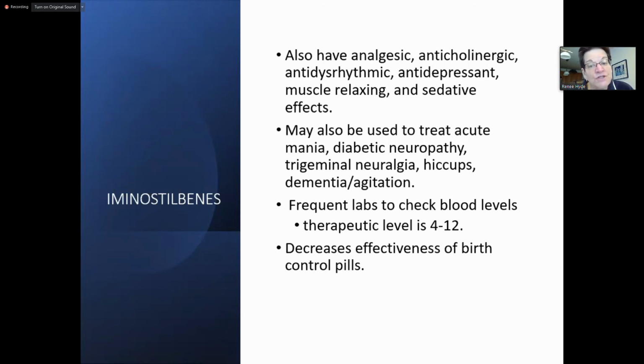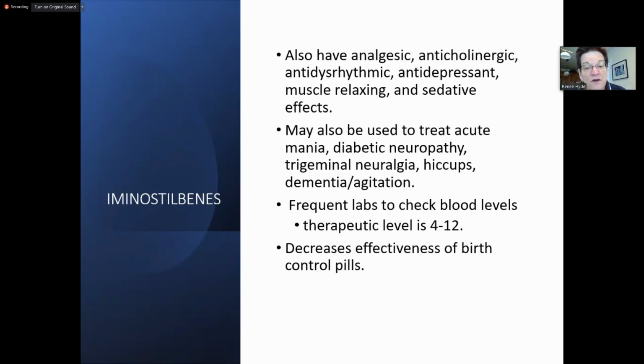We do need to check frequent blood levels. Therapeutic level is 4 to 12. One big thing to think about with teaching with these patients is that this class of meds, like the Tegretols, decrease effectiveness of birth control pills.